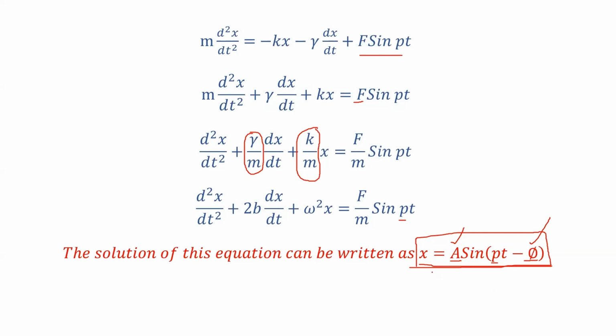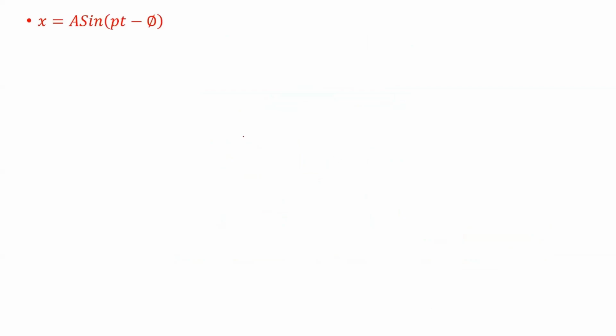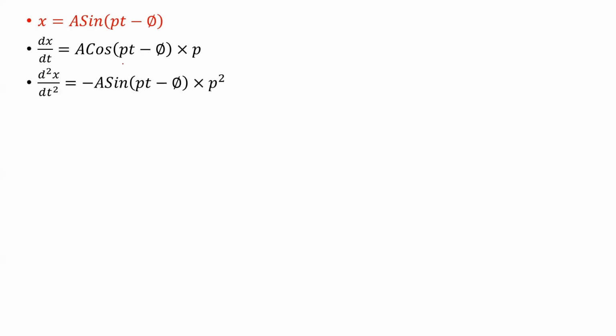So for that, we have to substitute this x value here. That means we have to find d square x by dt square, dx by dt, and the x value. I am finding those values and substituting here. This is the value of x and this is the value of dx by dt, sine derivative is cos, and differentiating once again, d square x by dt square, cos derivative is minus sine.